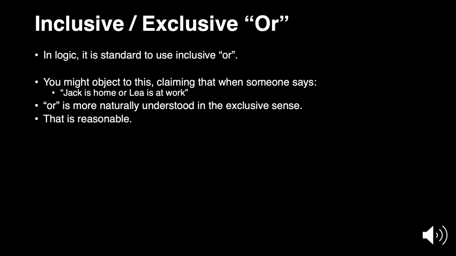So what's meant by this sentence is that Jack is home or Leah is at work, but not both. That's the exclusive use of or. And you might think, in English, generally, or is used in its exclusive sense. And that is a reasonable attitude that you might have. Okay?